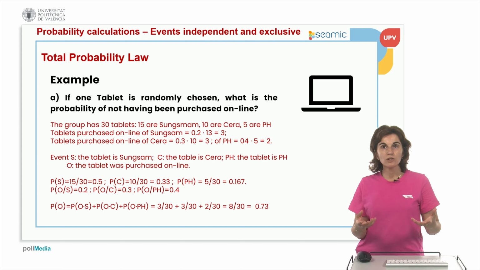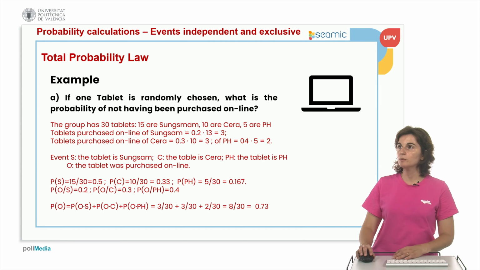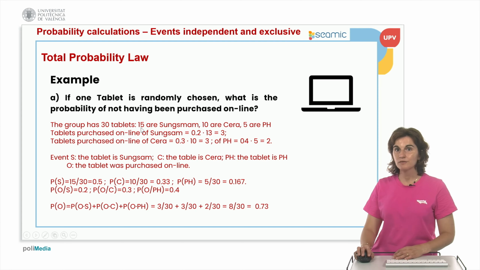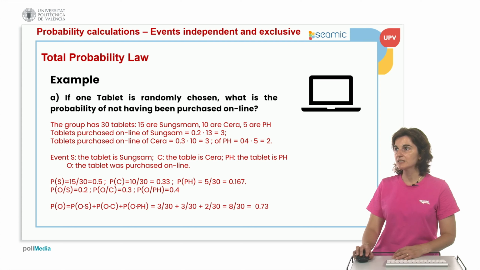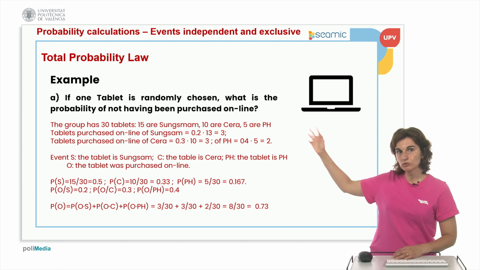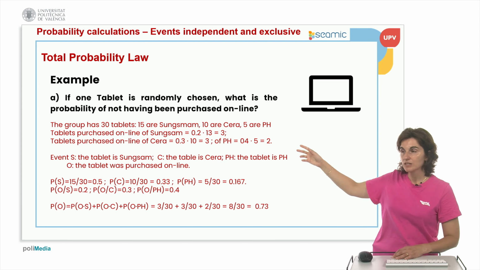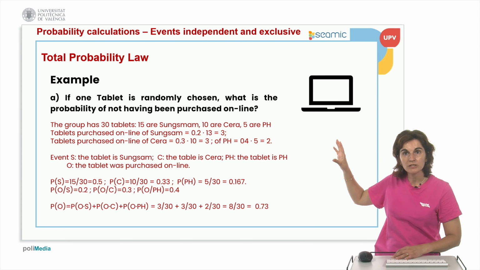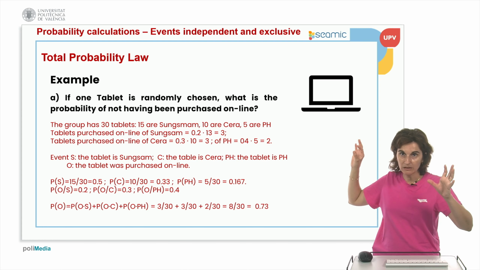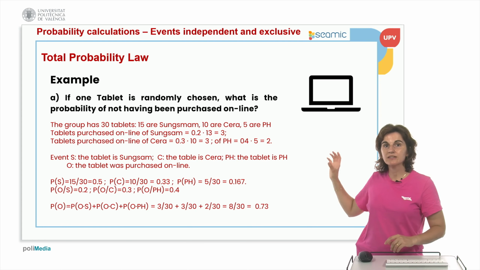So first of all, we know that if the group has 30 tablets and 15 out of them are Samsung, then it's easy for us to compute the number of tablets that are brand Samsung or brand Zira. So, according to this information, which is just very basic calculations, we can define the events.